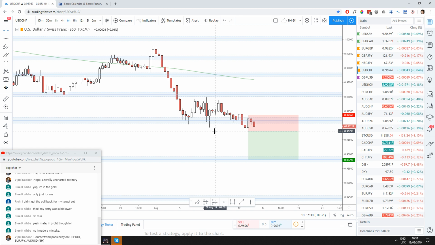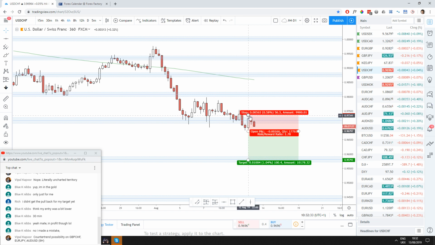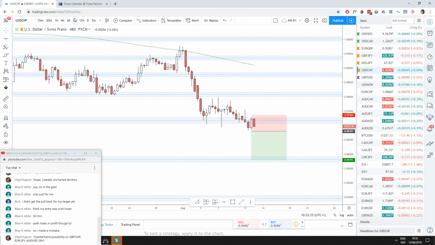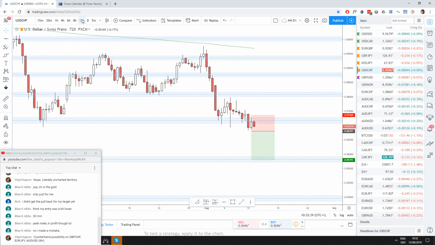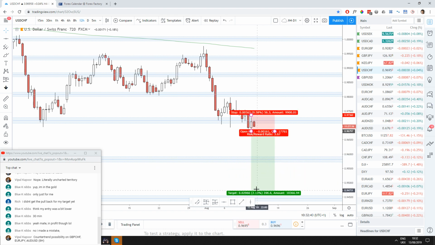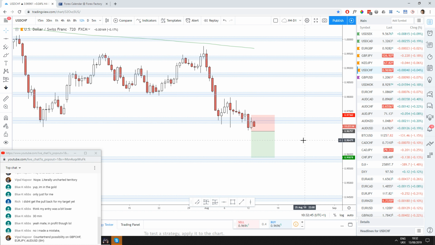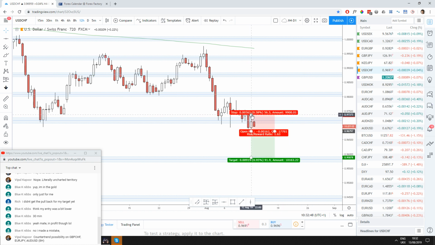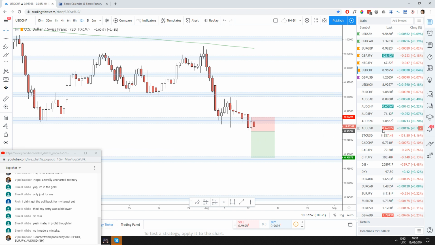Around about 0.9679-ish. And then looking to extend that target down if it in fact is a strong continuation.